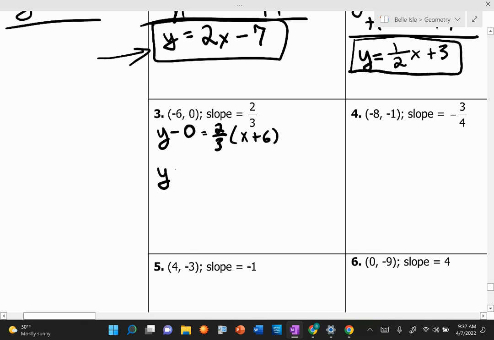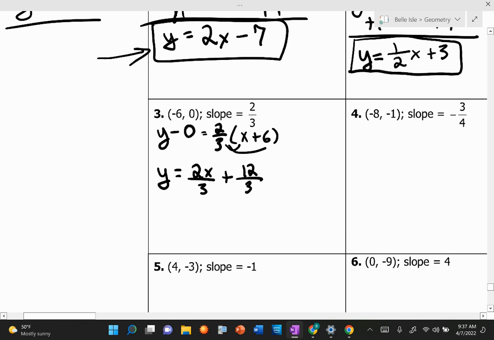Okay, so we have y equals. Now we're going to have 2/3 times x. Again, you're multiplying top numbers together. So 2x over 3 plus the same thing with 6. Multiply the top numbers together, so 2 times 6. Good.